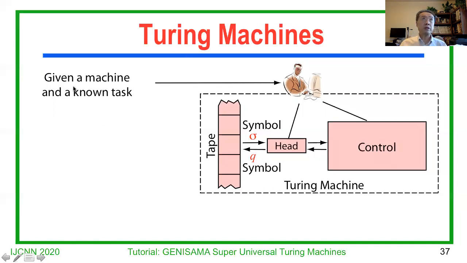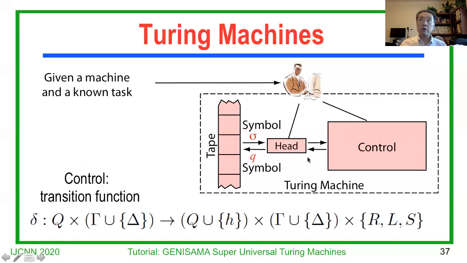With the Turing machine, you start by giving a specific task, then you design a Turing machine. The Turing machine has a tape, each cell bearing a symbol, and you have a read-write head that writes a symbol on the tape. Then you have control, and that control is handcrafted by a human for a particular task.